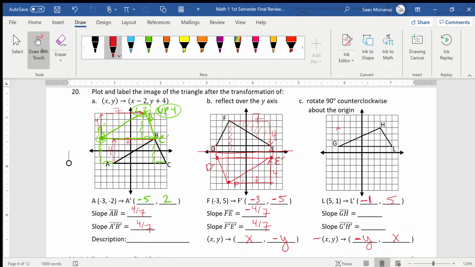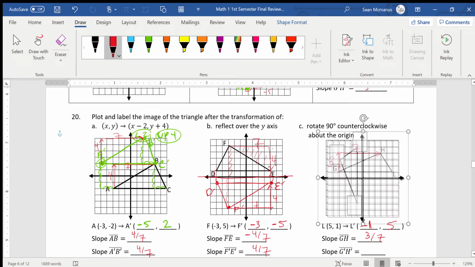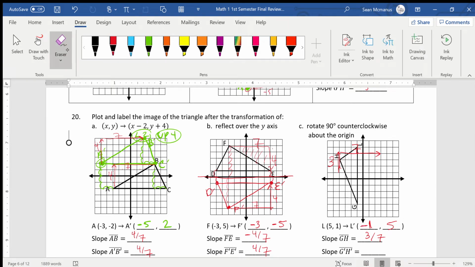So if I go from G to H, I go up 3 and to the right 1, 2, 3, 4, 5, 6, 7. So slope of GH is 3 over 7. If I rotate 90 degrees, I wonder if I can just turn this whole thing like that. Oh, I did. Oh, it didn't take my marks with it though. That's what I was afraid of. That's okay.